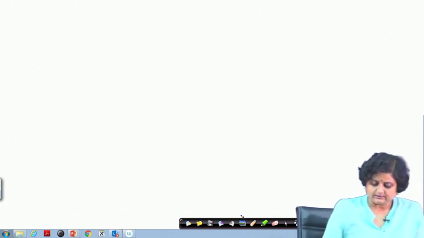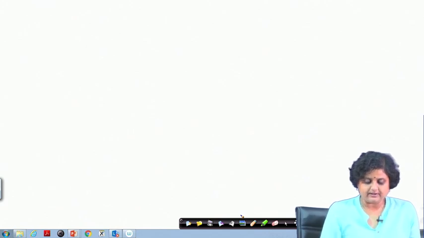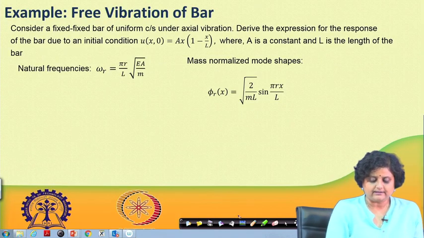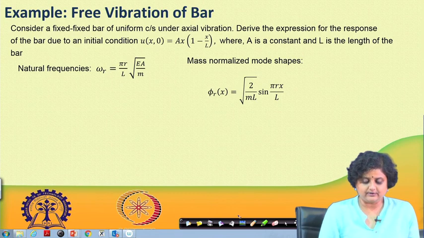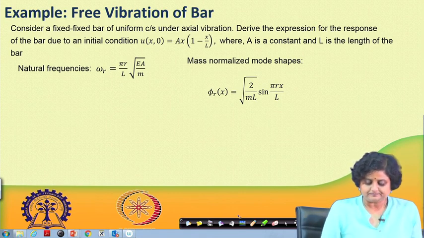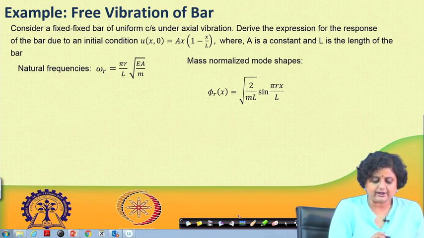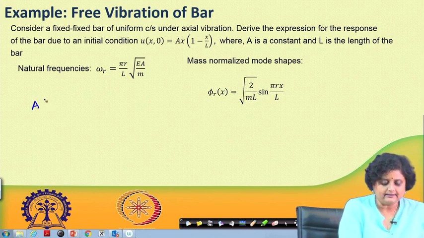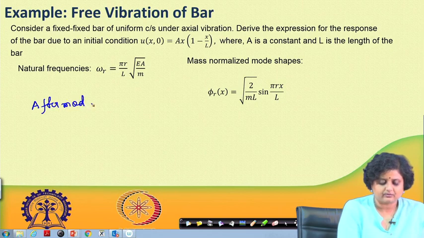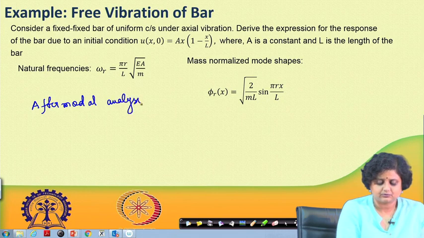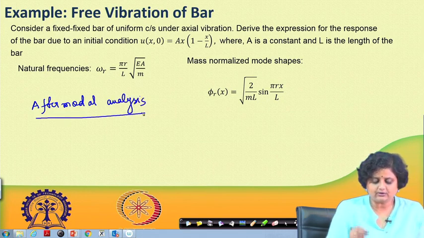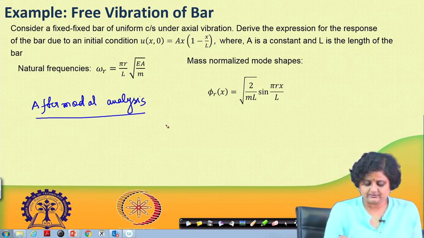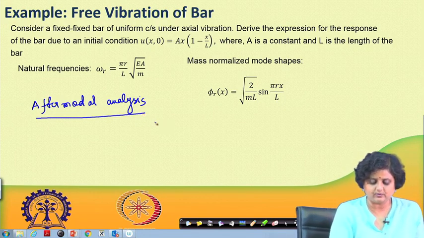So, we know that the mode shape and natural frequencies are given. So, if the mode shapes and natural frequencies are given, then after modal analysis, the equation of motion, let me write down the equation of motion.